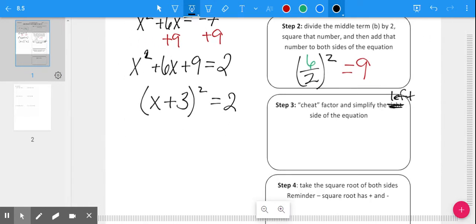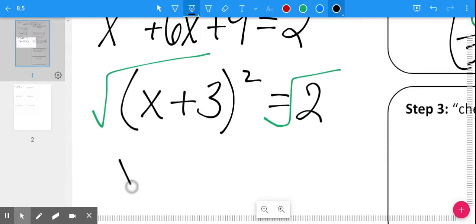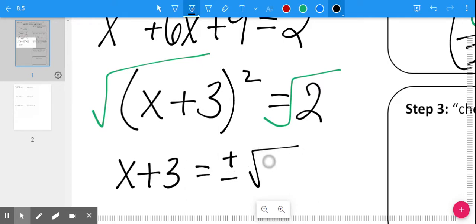The next step tells us take the square root of both sides. Reminder, square root has plus and negative. So when we do the square root of both sides here, we end up with x plus 3 equals a positive or a negative square root of 2.